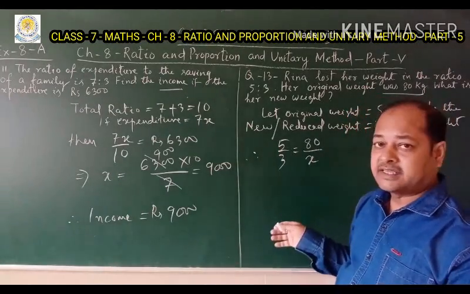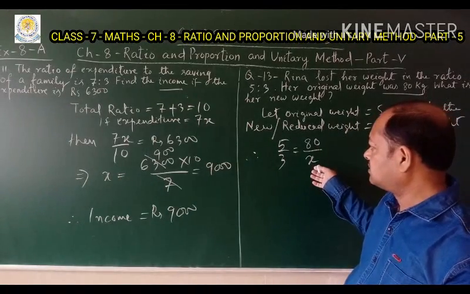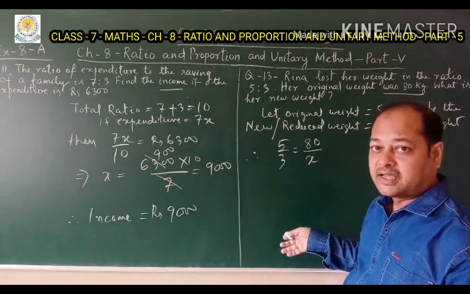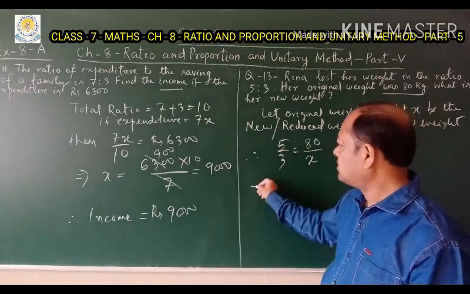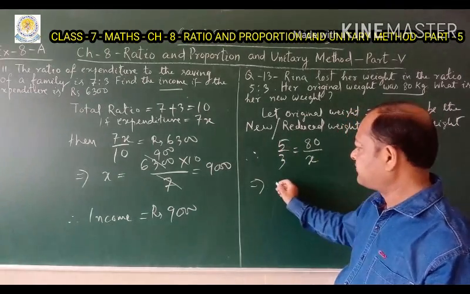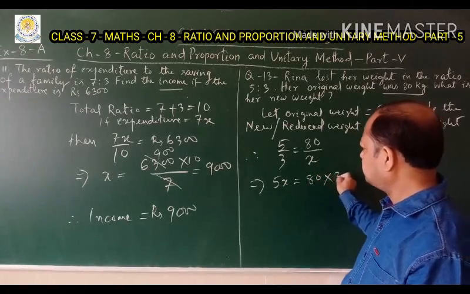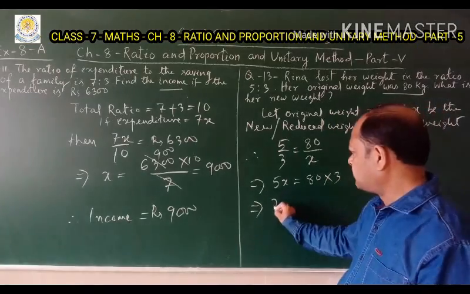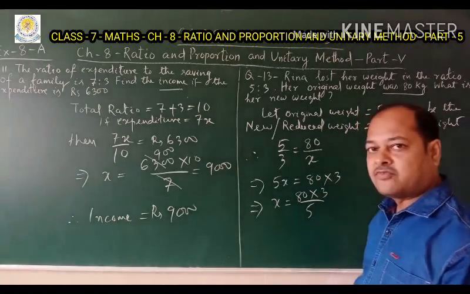So Reena lost her weight. From the beginning her weight is 80 kg. Let's see after reducing the weight, her weight is how much. So find out x here, you will get the answer. Cross multiply, that is 5x equal to 80 into 3, or x equal to 80 into 3 upon 5.